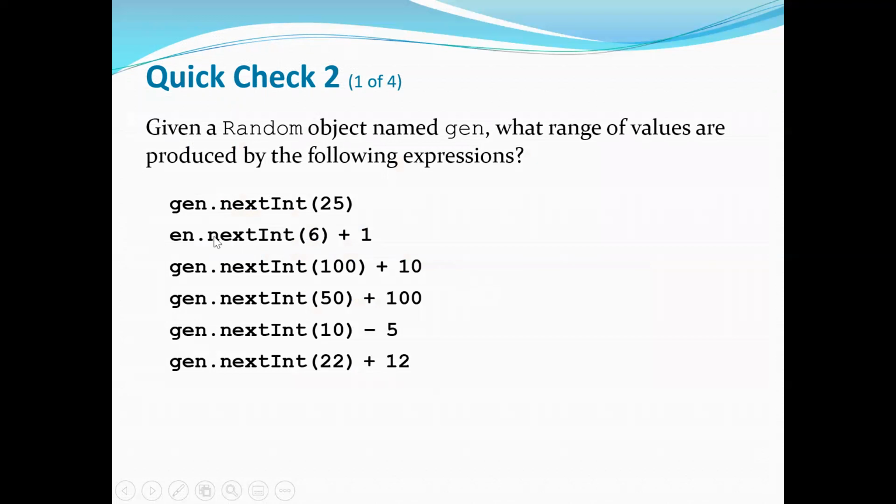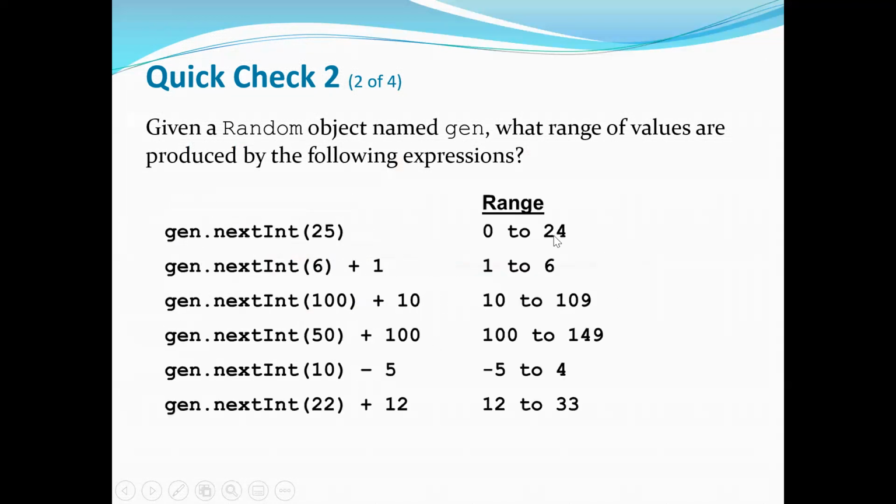So this is an example here. We have our Random object named gen. So we say gen.nextInt(25), 6 and 1, 110, 50 and 100. Let's look. 25, of course, is one number, so the range will be 0 to 24. 6 and then plus 1: instead of 0 to 5, it will be 1 to 6. 100 plus 10: instead of 0 to 99, it starts from 10, so it goes from 10 to 109.